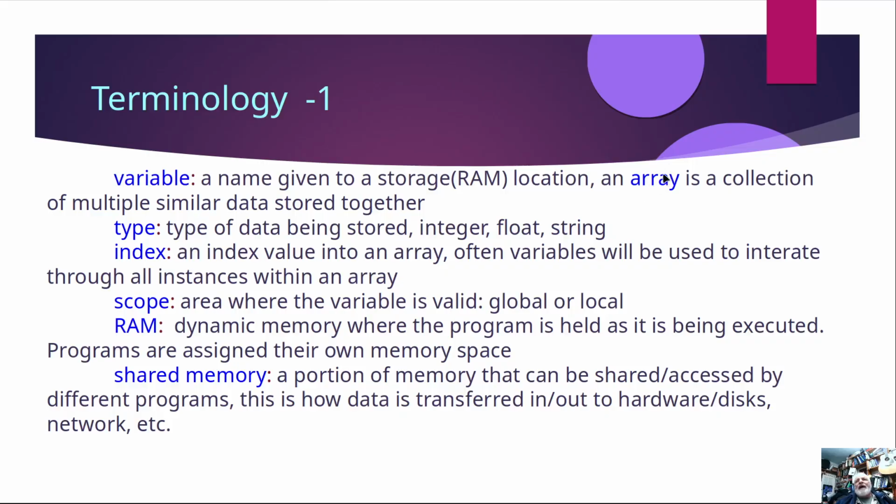We can have an array, which is a whole set of similar information. But we also have to look at the type of data being stored. Is it a number? Does that number have a decimal point, or is it an integer, or is it just string information? So we have data types.